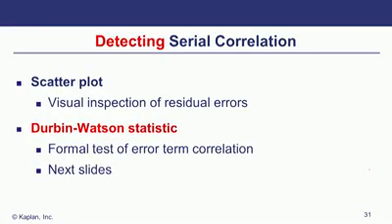How do we detect serial correlation? The first thing was the scatter plot that I drew. The second way involves a test, the Durbin-Watson statistic. Now this one is kind of a more hands-on test, because you might not be able to interpret this on a scatter plot. So we will dive into a little bit more detail on the Durbin-Watson test.